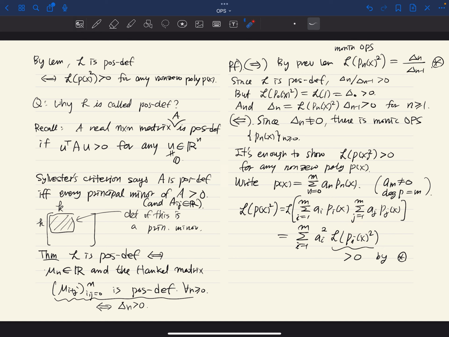So in particular, the i equals m term must be positive. And the others are non-negative. So eventually it will be positive. So that's the proof. So that's why it's called positive definite.